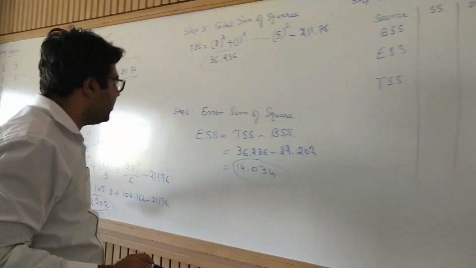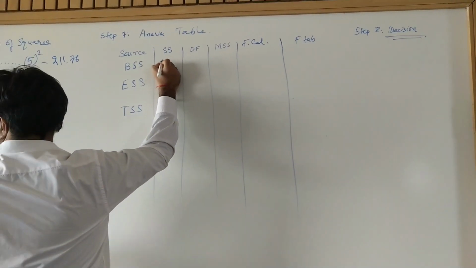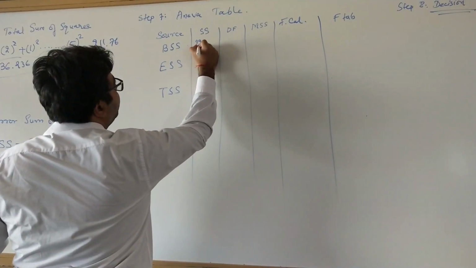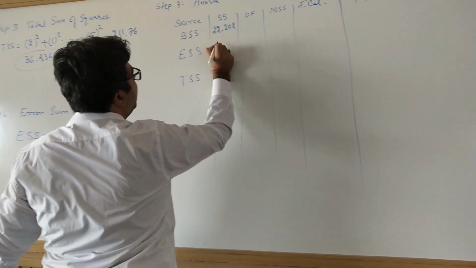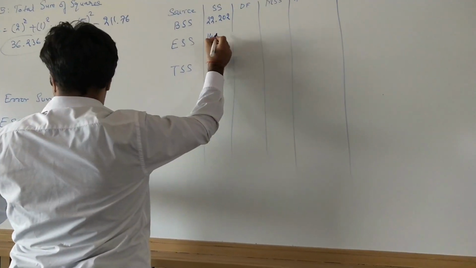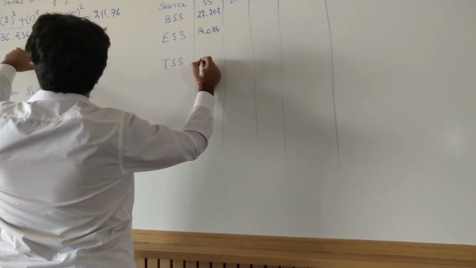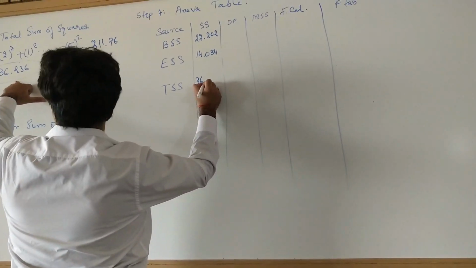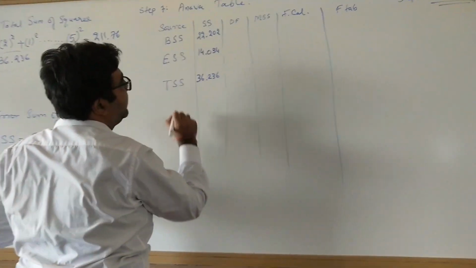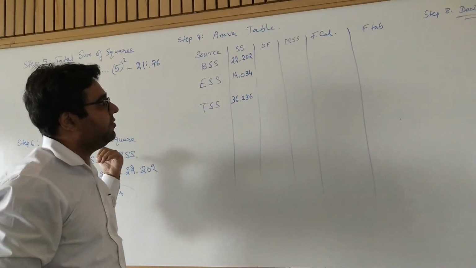BSS is 22.202, write it down here under SS, that is source. In error, write 14.034. And in total, 36.236. So we have entered the data which we found previously.